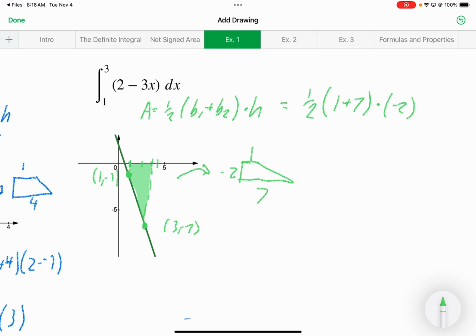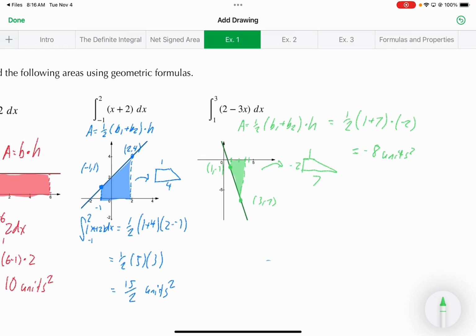But one of them being negative and one of them being positive is going to give you the same answer, okay? All right, so when you multiply those, what do we get? Negative 8 units squared. Yeah, I actually think keeping our base 1 and base 2 negative would be better, okay? But it all washes out to be the same, okay?